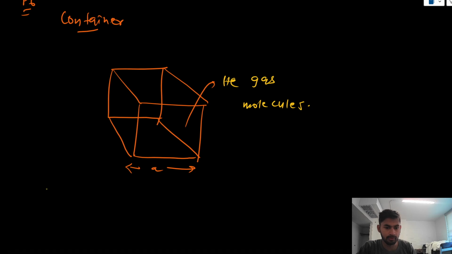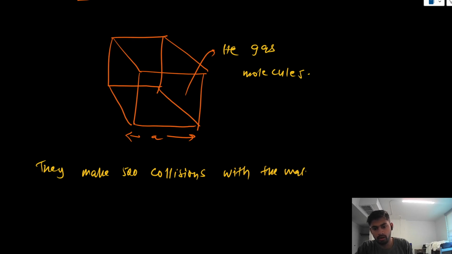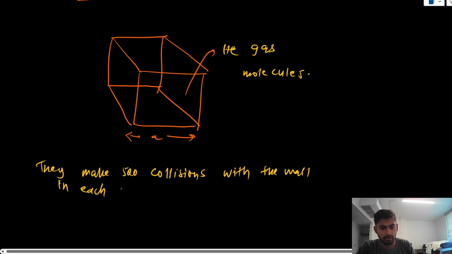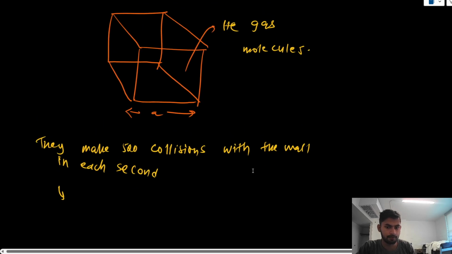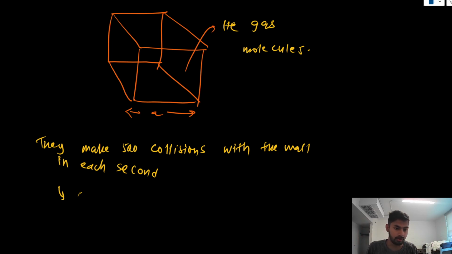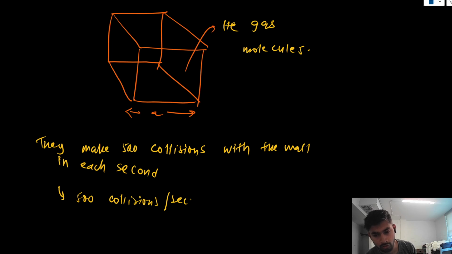The problem statement is that they make 500 collisions with the wall in each second, which means these helium gas molecules make 500 collisions per second.